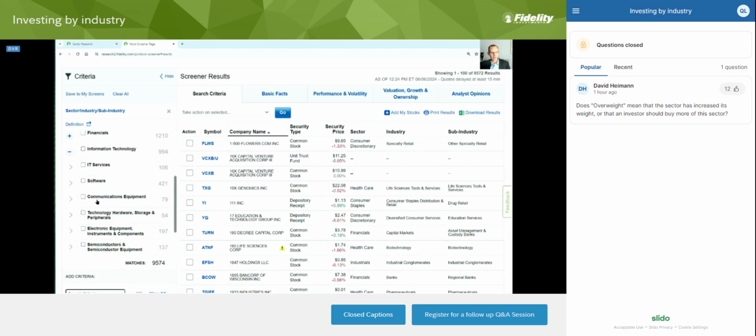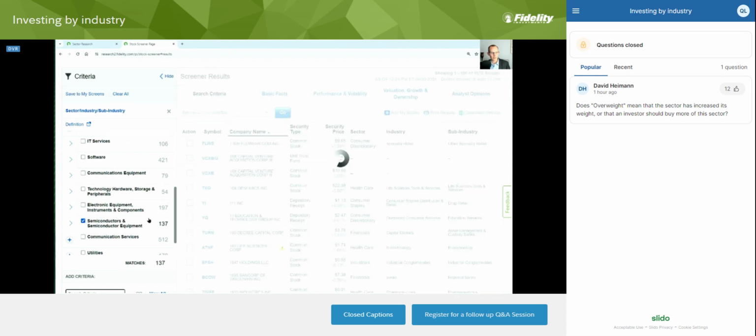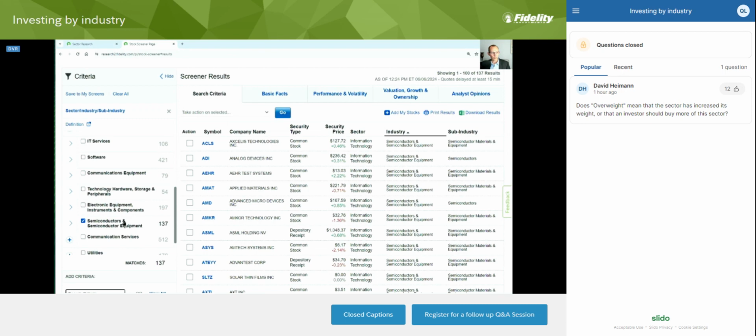And specifically, we were interested, as an example, in the semiconductors and semiconductor equipment industry. When I narrow it down thus, we find that there's still 137 companies that match that criteria. That might be more than you or I have time or willpower to research in a detailed basis.